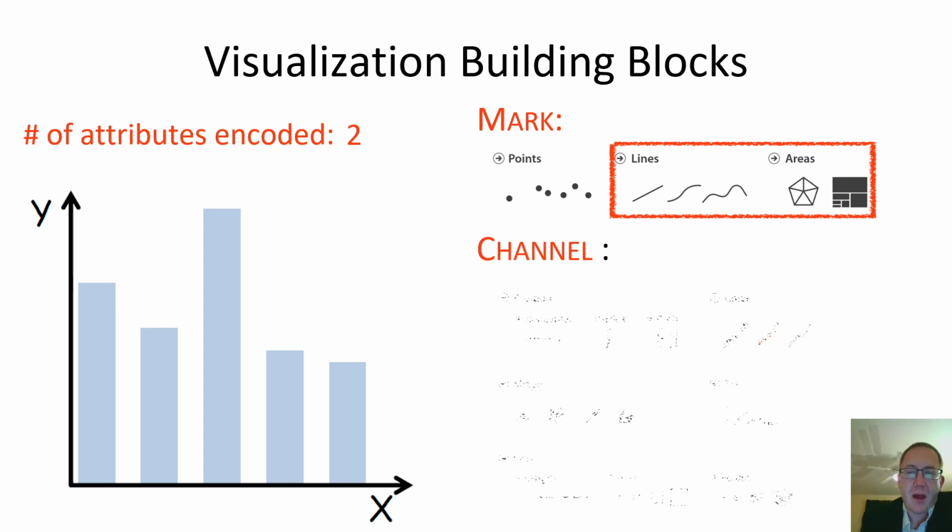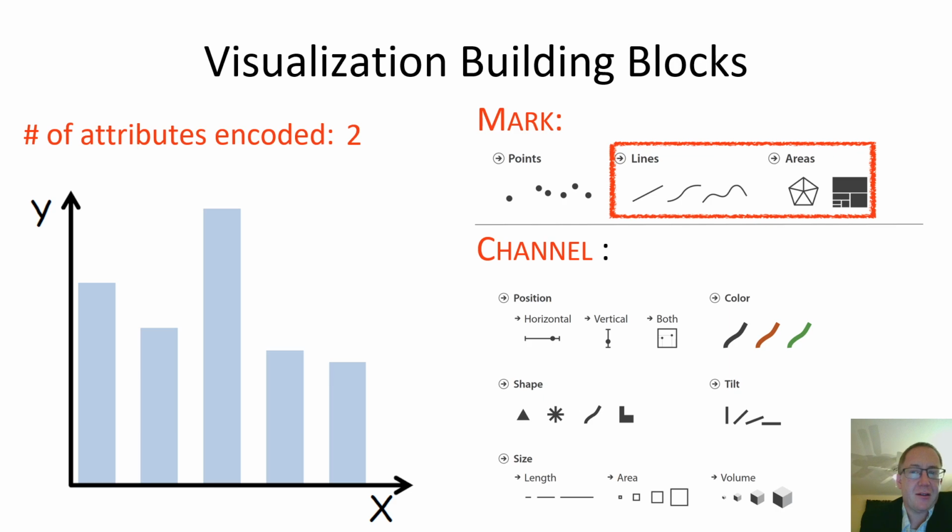Versus a channel, what do we have? Well, I have the position of the bars, which actually makes a difference, right? It is technically both. I am moving it along the x-axis, and their position on the y-axis tells me something. But you could also say it has a different length.